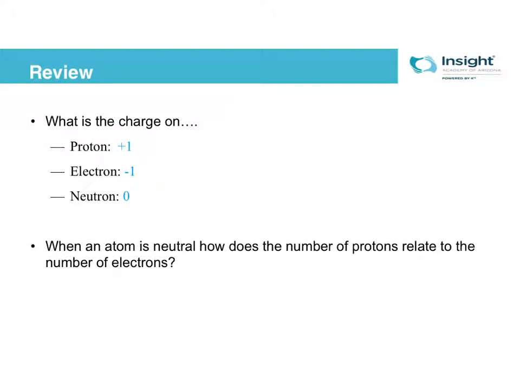Another quick review: when an atom is neutral, how does the number of protons relate to the number of electrons? If you think about that word neutral, that means that overall the atom has zero charge. So if we're putting in positive things and negative things, how do they have to relate to each other so that overall we get zero?